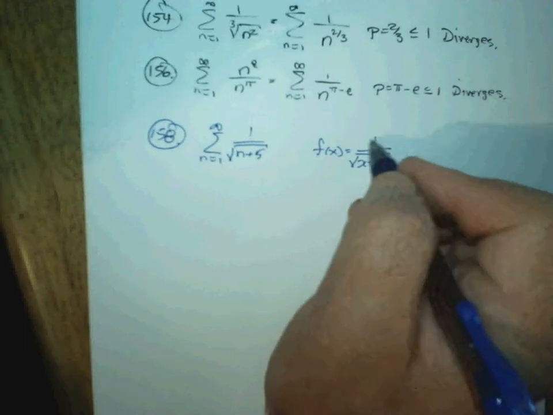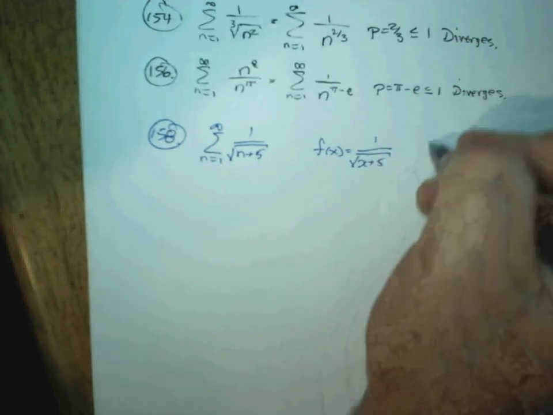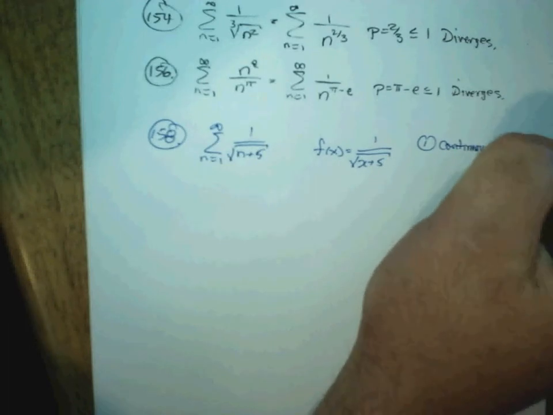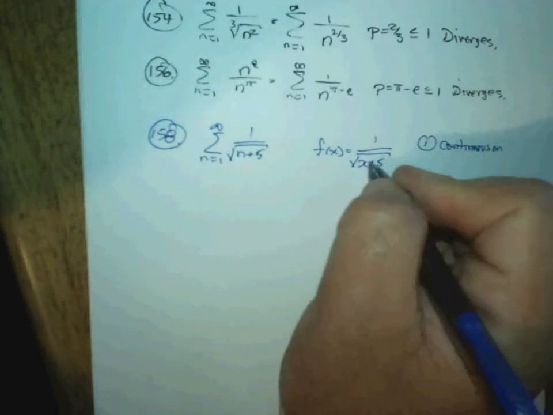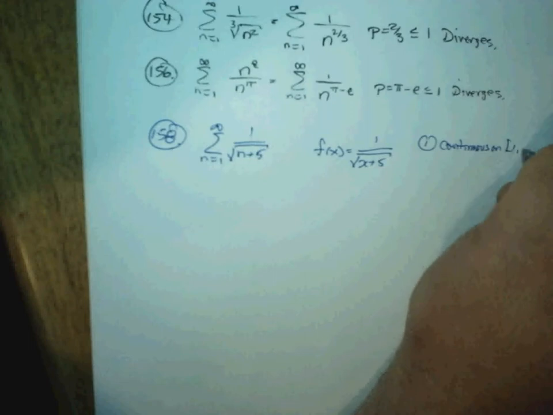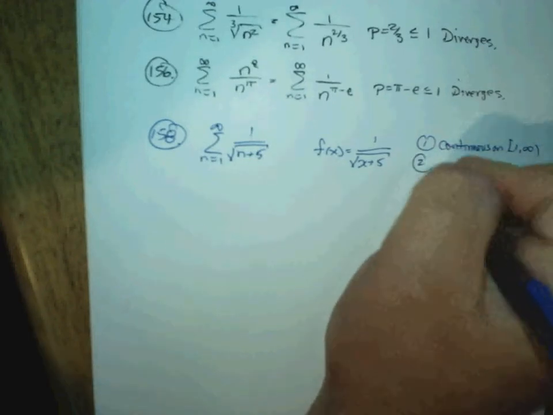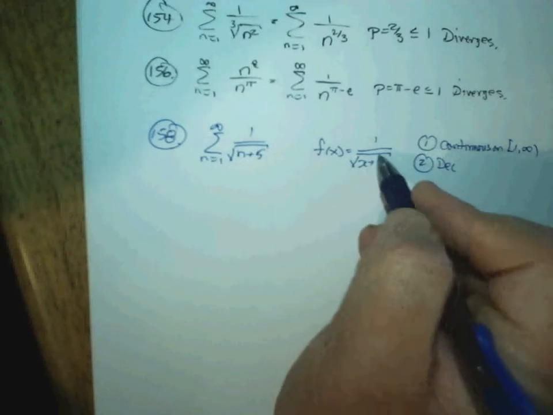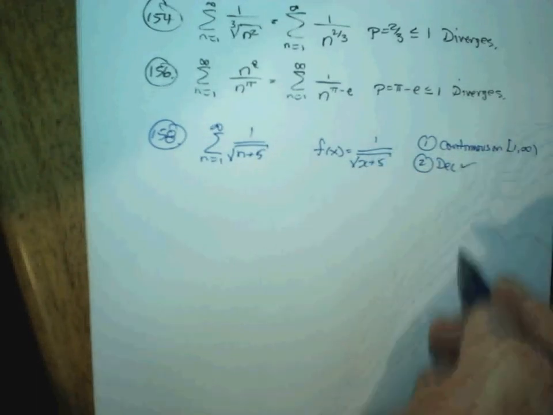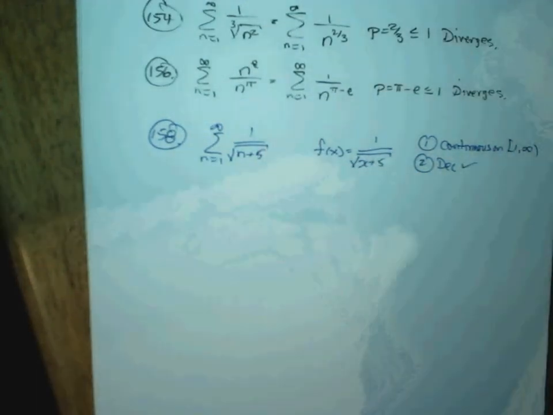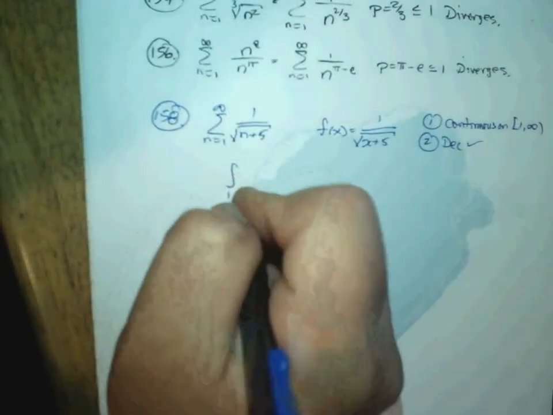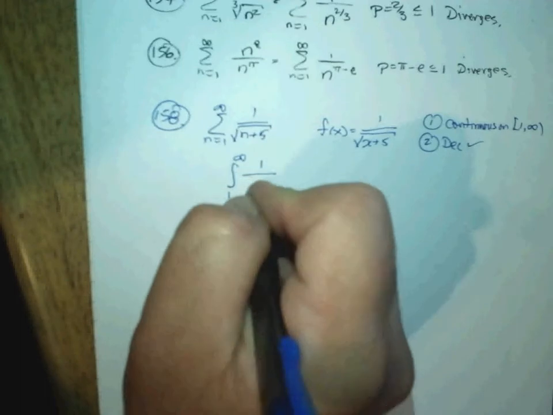And then I need to just check a couple of quick things about this. I need to know that this is continuous and decreasing. Well, the discontinuity is at -5, so it's certainly continuous on the interval from 1 to infinity. And it's decreasing because the top's a constant, and so as the denominator gets bigger, this is decreasing. So that's easy enough to check.